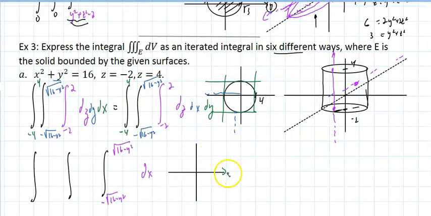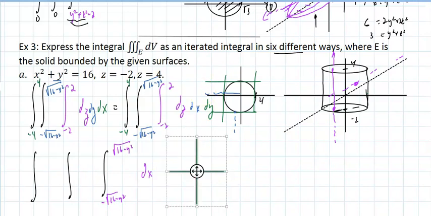Since you're looking in the x direction, you see y, z. You see z running 1, 2, 3, 4. And doesn't y run between? Okay, that looks terrible. I don't like how that looks. Let's do that a bit nicer.